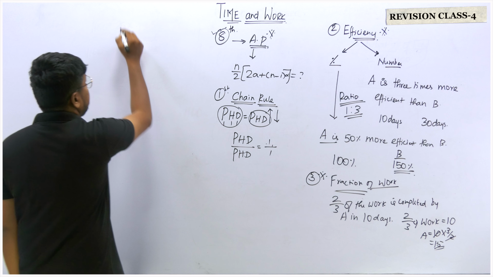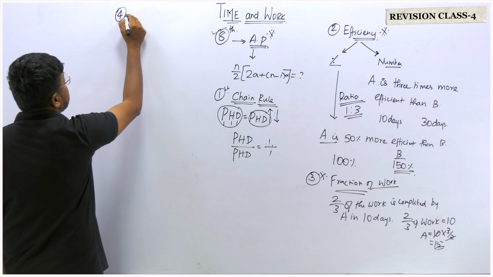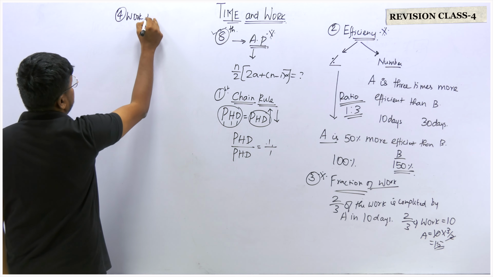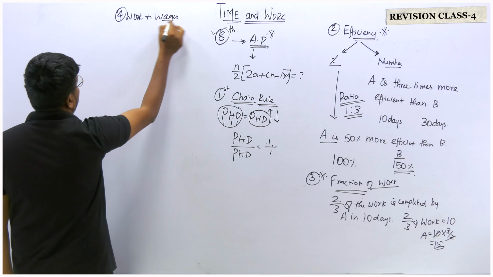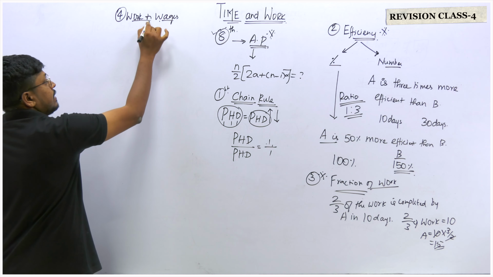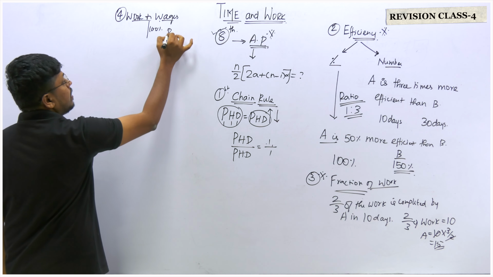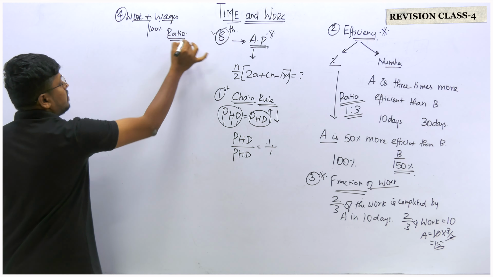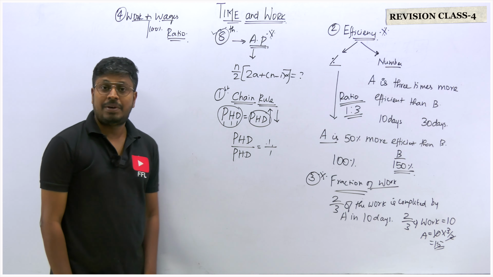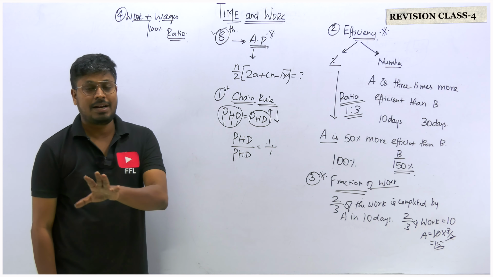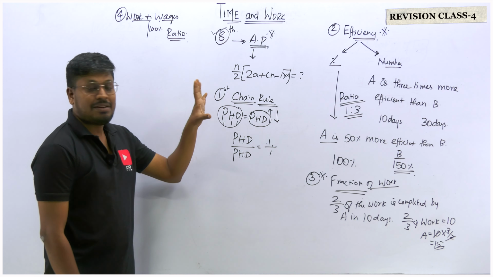And then the fourth lesson is based on work and wages. So the work and wages concept is 100% dependent on ratio, right? Only if you know the ratio concept can you solve a question on work and wages. So what is work and wages?